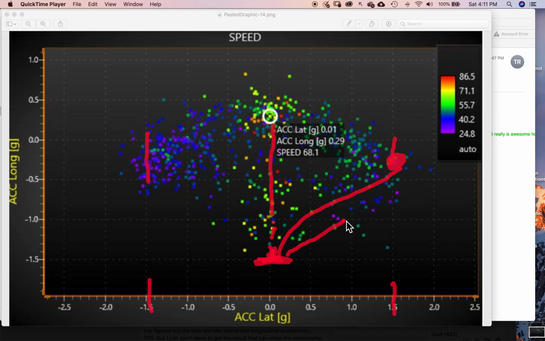This would be the outside unused potential of the tire. So we see there's a couple dots here, but we want to be able to go around the outside. This is a very typical shape.